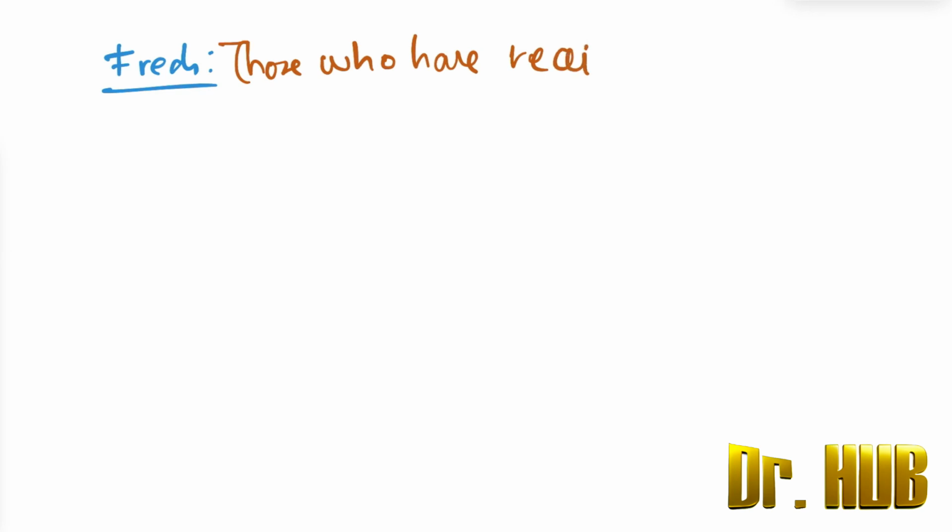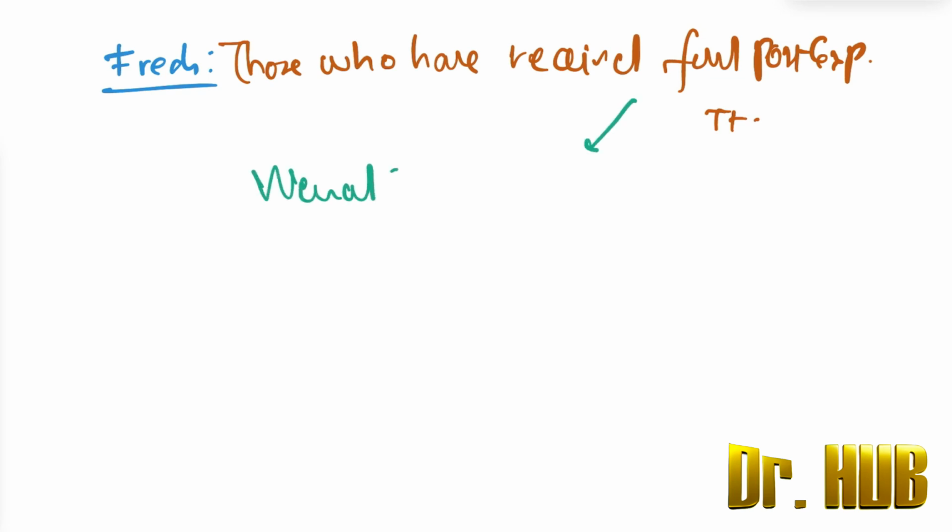So what are the conditions for fresh cases? They include those who have previously received full post-exposure treatment with neural tissue vaccines or vaccines of unproven potency.